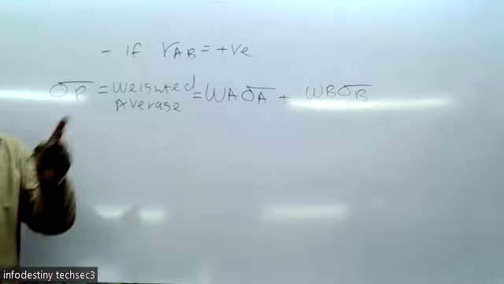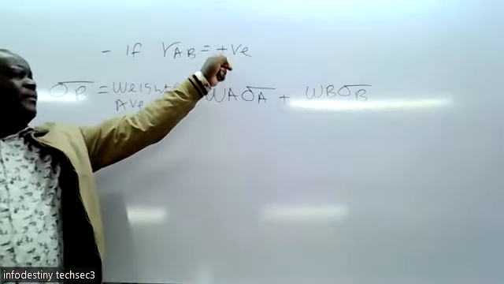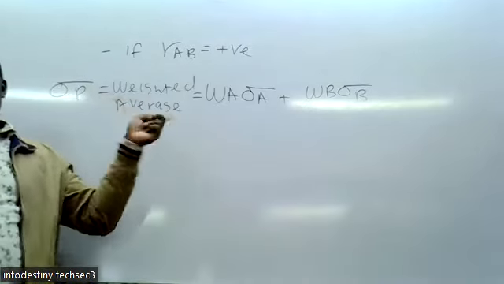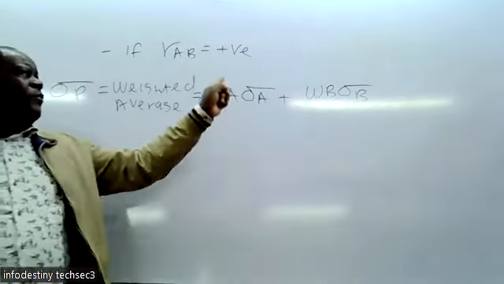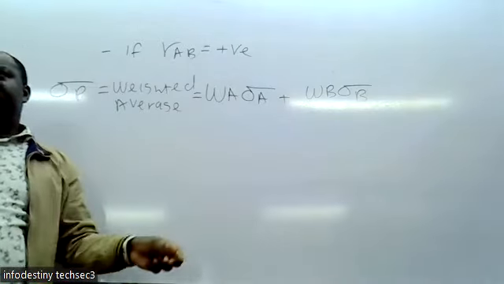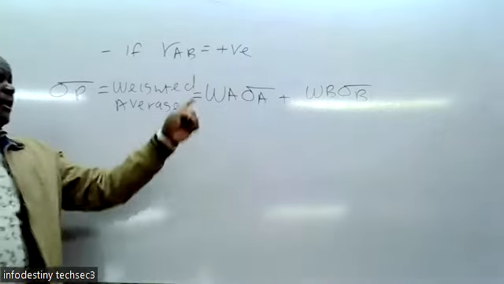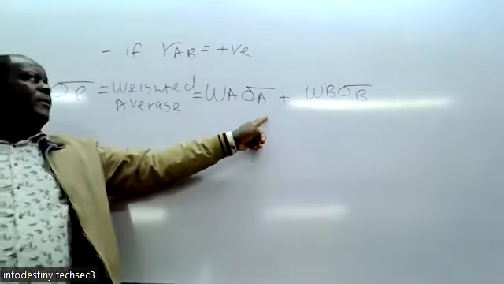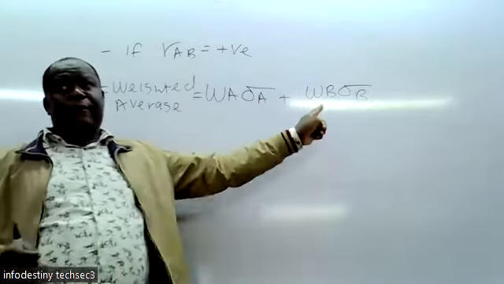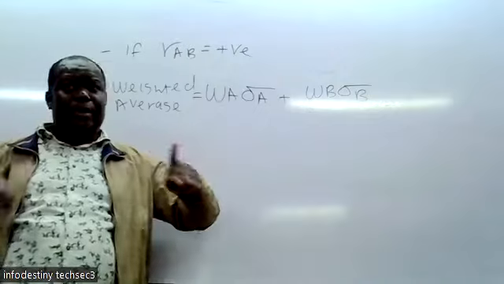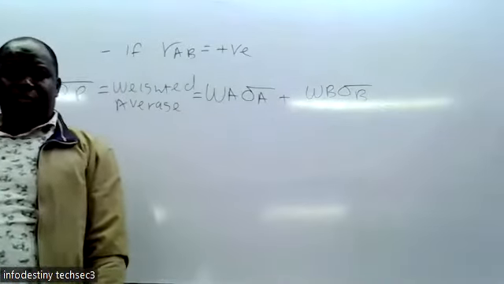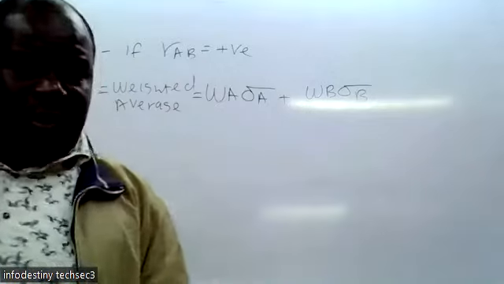Because this relationship was positive, it will be the weighted average. Weight is the proportion in which they have combined. So I take the proportion for A, multiply by the standard deviation for A, then plus the proportion of B in the combination, multiplied by the standard deviation for B.